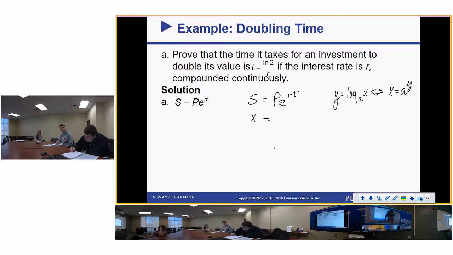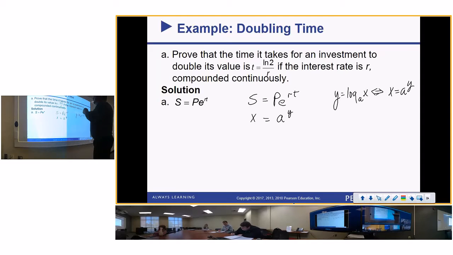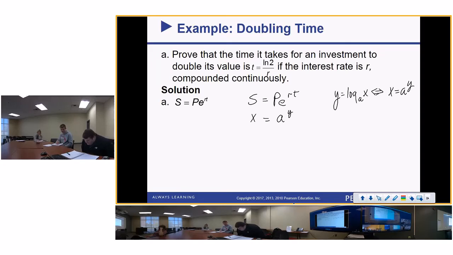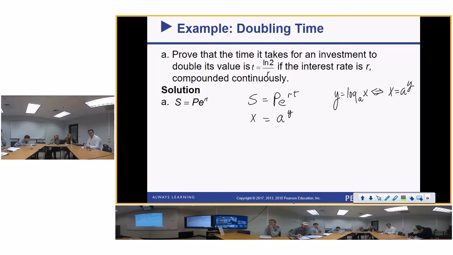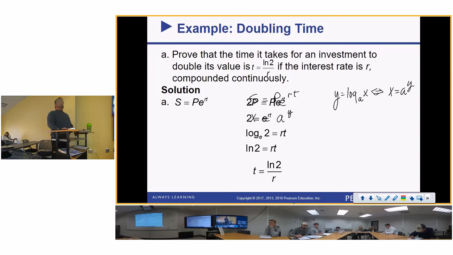X is equal to a to the y. And use the definition of a logarithm, and that's what they're doing. I think that's what they did.